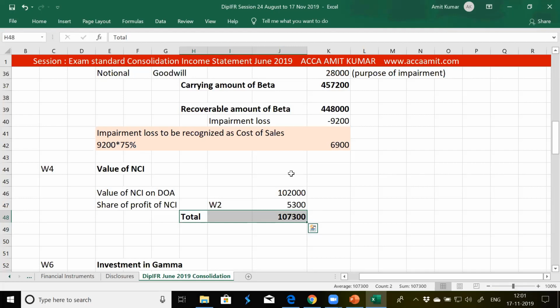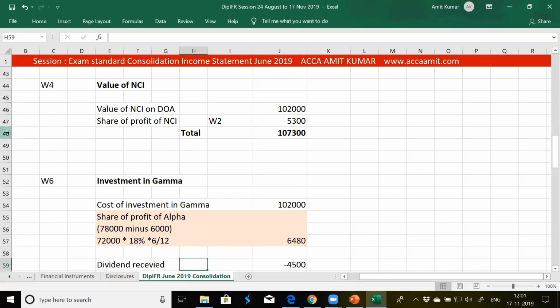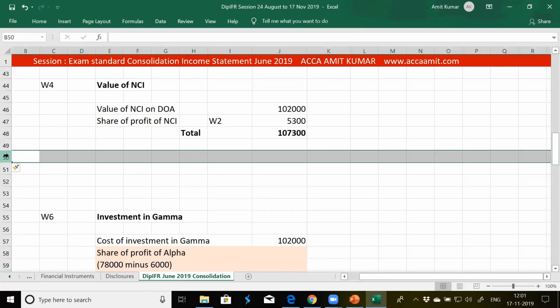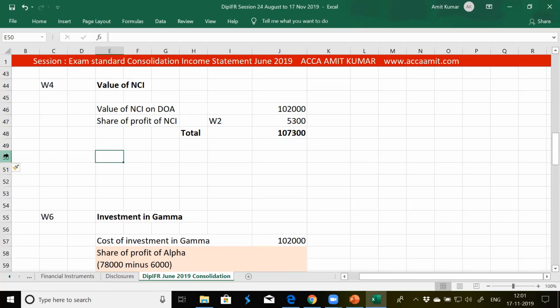So I was a little bit confused about the 2 years earnings to be bifurcated. Now this 5300, if I divide it in terms of what belongs to year 1 and what belongs to year 2, because we need information for the NCI's earnings for the period 1st April 2005 to 31st March 2006.